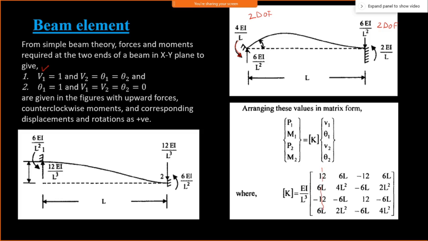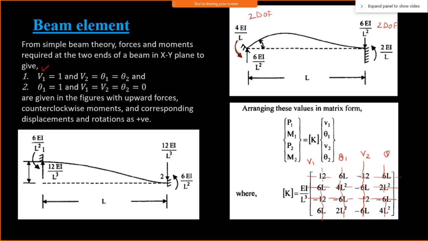This particular row and column indicate V1, this row and column indicate theta 1, and the third row and third column indicate V2, the deformation of the second node, and so on.